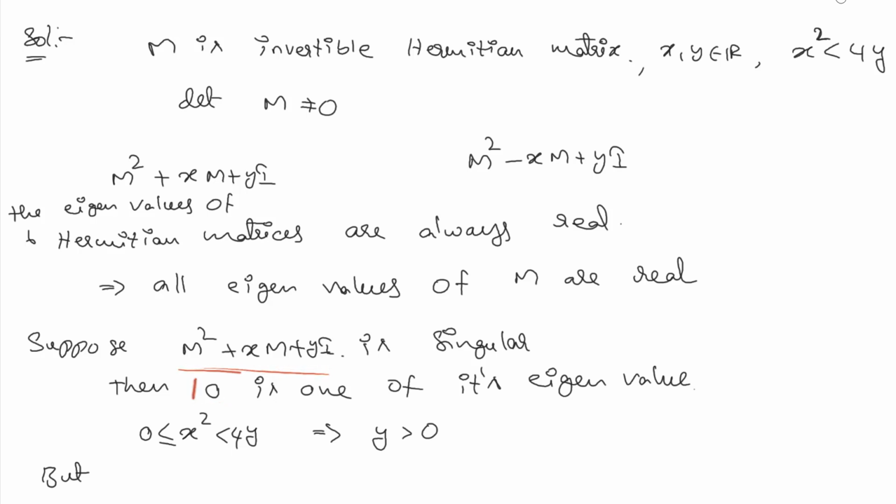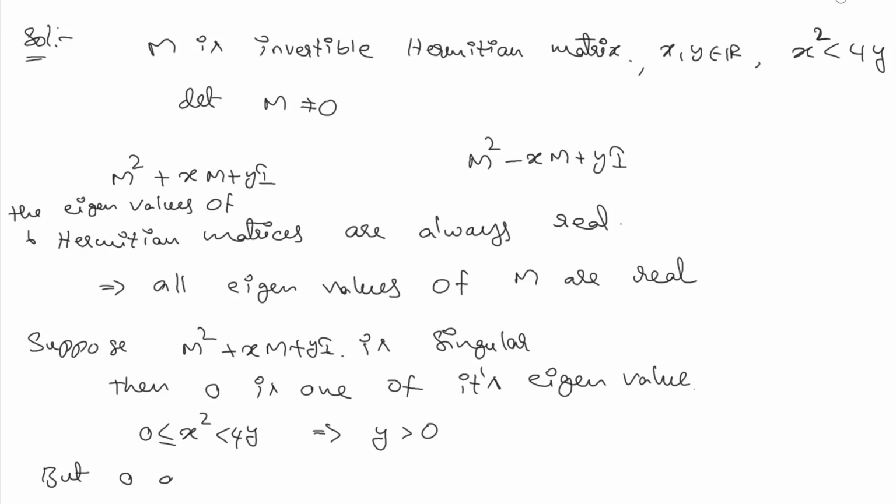But here, this eigenvalue 0 does not satisfy this annihilating polynomial. Why? Because if we substitute 0 in this polynomial, we get yI. But for this condition, y is always greater than 0. So for any y greater than 0, yI is not equal to 0.